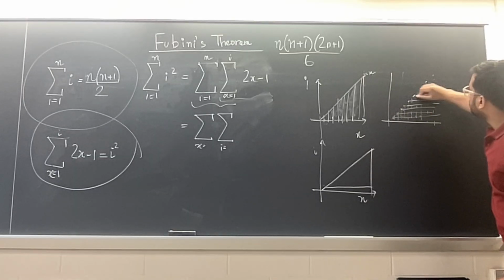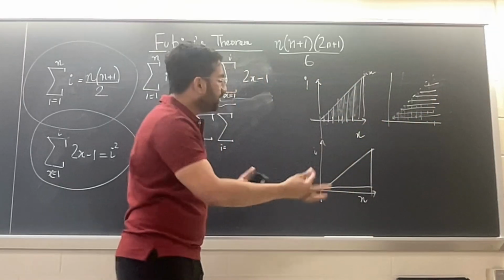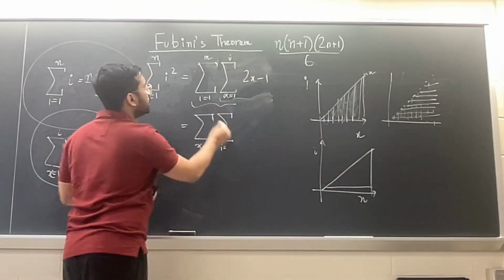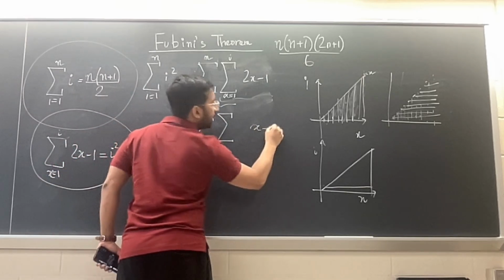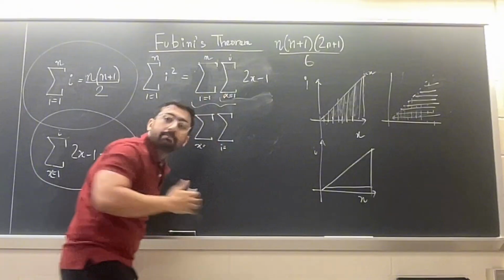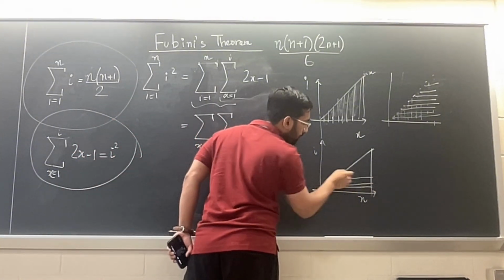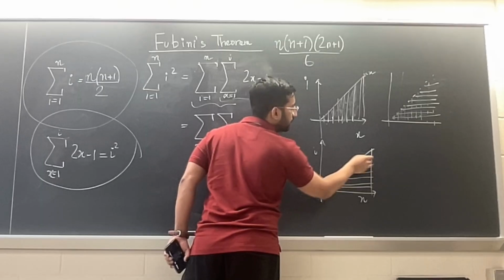This is the whole idea of double counting. We will now represent the support in a horizontal fashion, because here it was x and then i, and now we will do i and then x. That progression is a very important concept. We will count the support like this now.